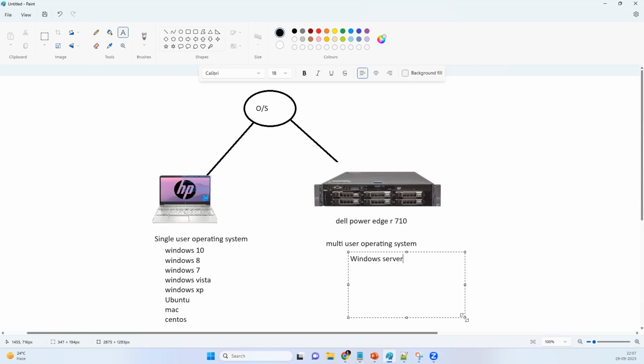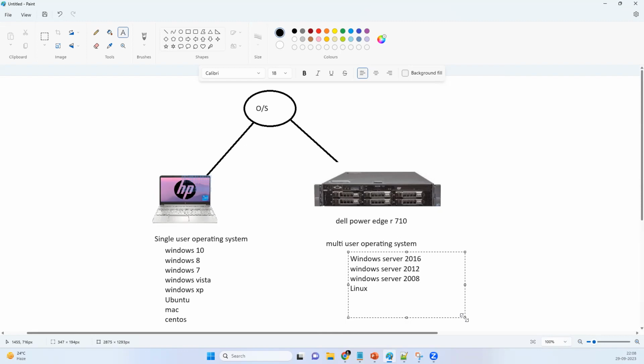Windows Server 2016, Windows Server 2012, Windows Server 2008, for example, and Linux.